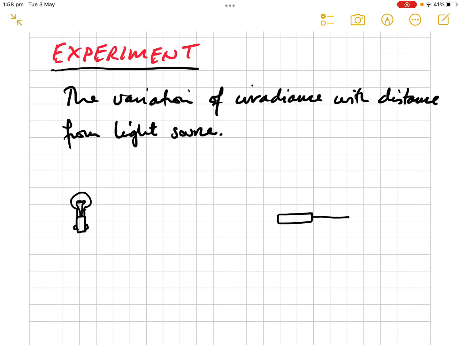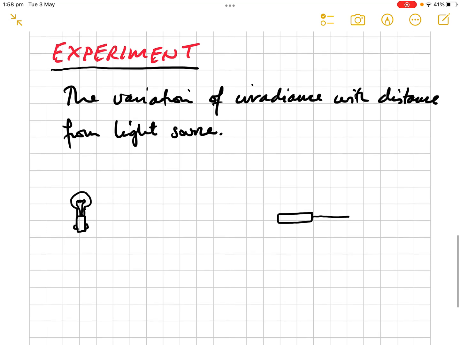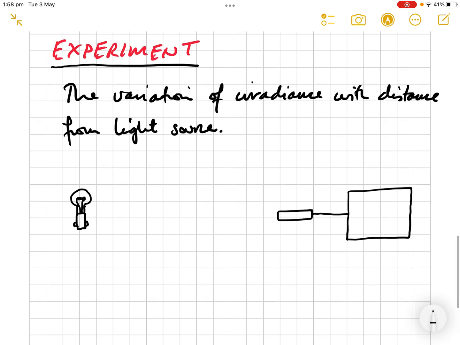Well, we begin with a lamp. It's a small bulb, in fact. And we need a light detector. And that light detector needs to be connected to some sort of meter. You can get versions of this where we have a Bluetooth connection from the detector to an iPad as well.